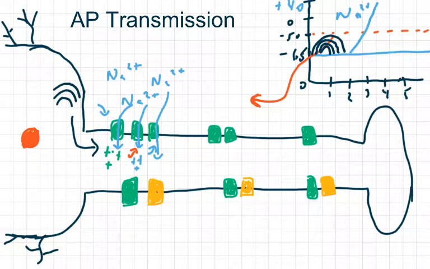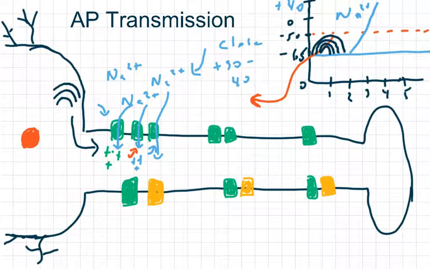It's because the voltage-gated sodium ion channels tend to close at higher voltages. So we tend to see them close anywhere between 30 and 40 millivolts.